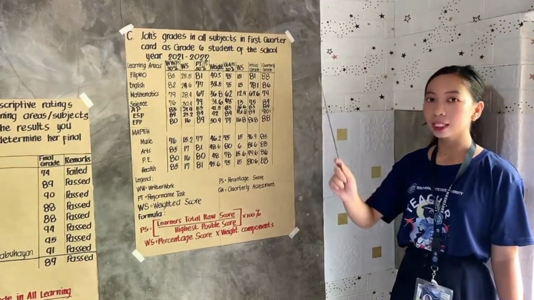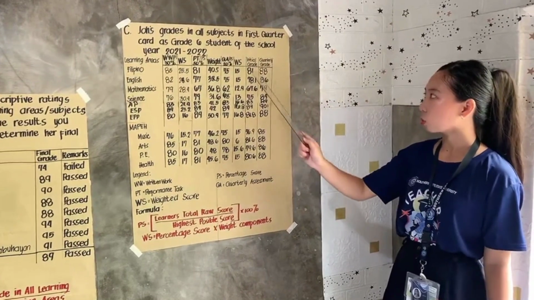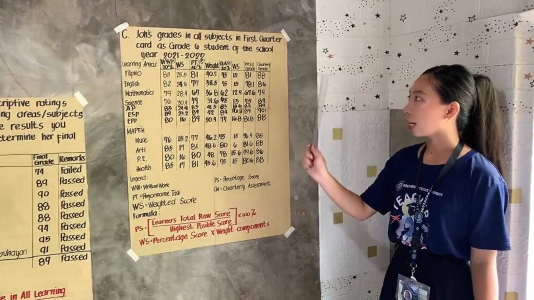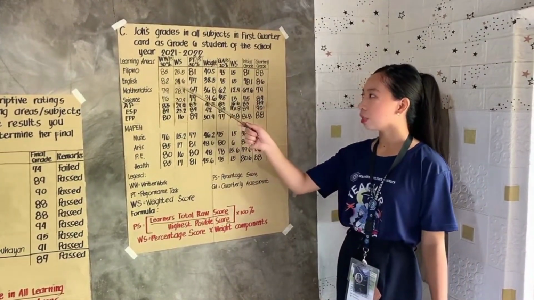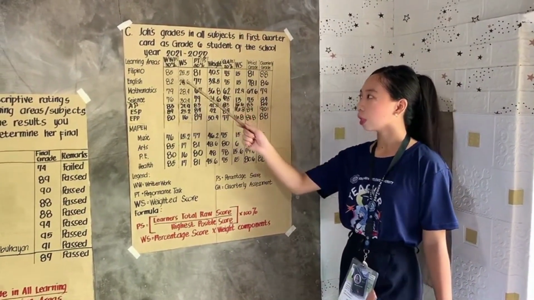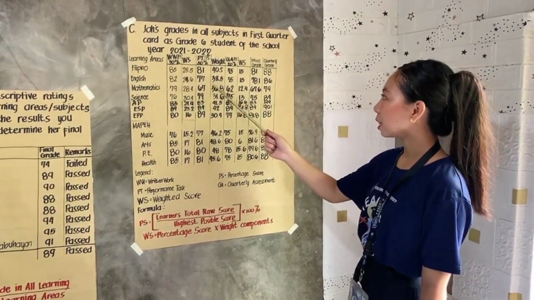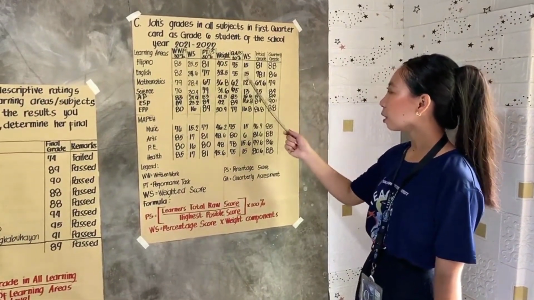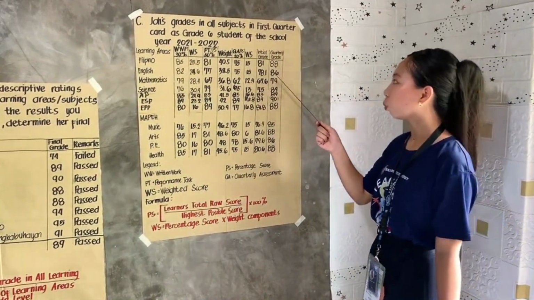In quarterly assessment, John got 15. So his initial grade is 81 if we're going to add it all. And in English, John got the weighted score in written work 24.6, in performance task 38.5, in quarterly assessment 15.